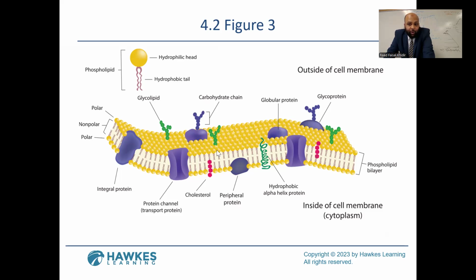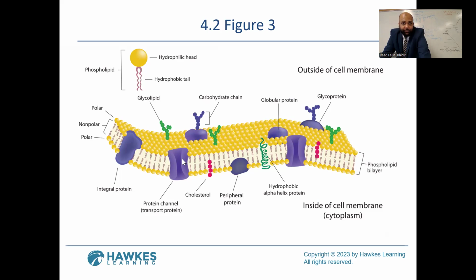So all the phosphate heads, the polar heads, are touching the water on the outside, and the polar heads are touching the water on the inside. In the middle, you're going to have your non-polar substance. So that means if you are at the surface, you are polar. And if you are in the core, embedded here, that makes you non-polar.